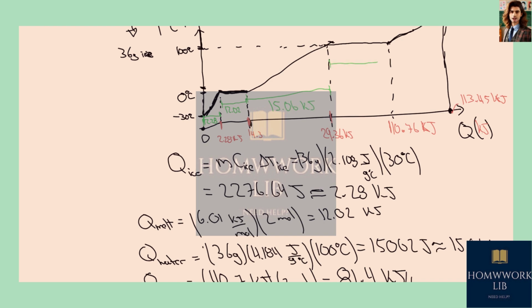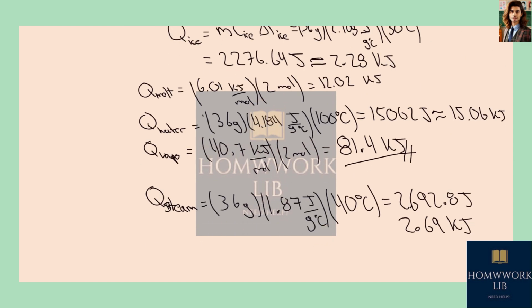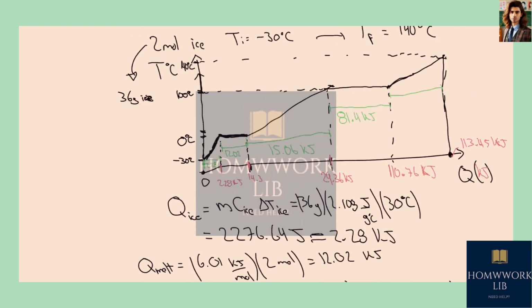Next up, for the vaporization of the water, we're going to require 81.4. And for the final part, we're going to require only 2.69 kilojoules. So of course, all of this is not to scale, but you can put it on the appropriate one with the values that we have provided over here.